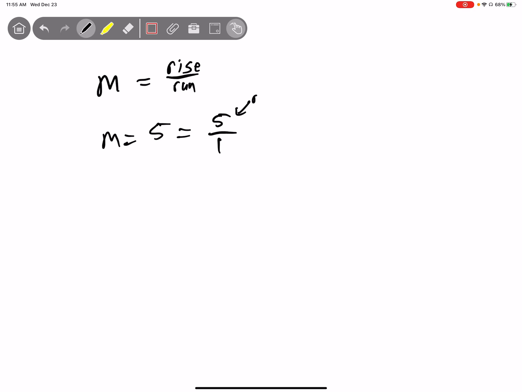This is the rise. This is the run. If I tell you m equals 2/3, now 2 is the rise, and 3 is the run.